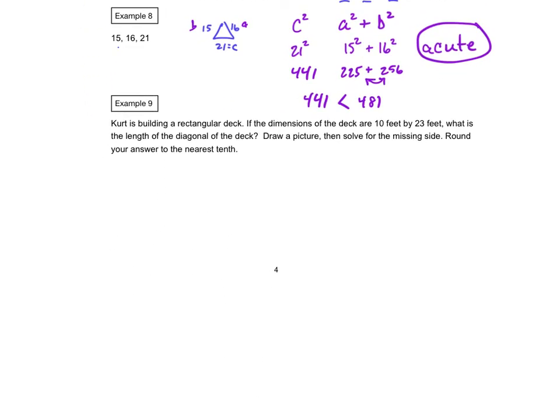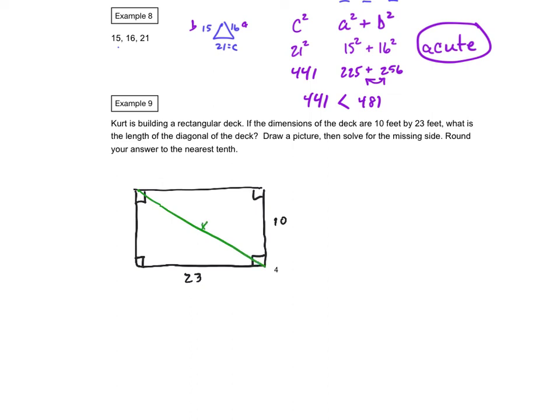And then the next example, example number 9 here, reads: Kurt is building a rectangular deck. If the dimensions of the deck are 10 feet by 23 feet, what is the length of the diagonal of the deck? Draw a picture and solve. So I have a deck, it's a rectangle. Rectangles, I know that all my angles are 90 degrees, and the dimensions are 10 by 23, and it is asking me what is the length of the diagonal.